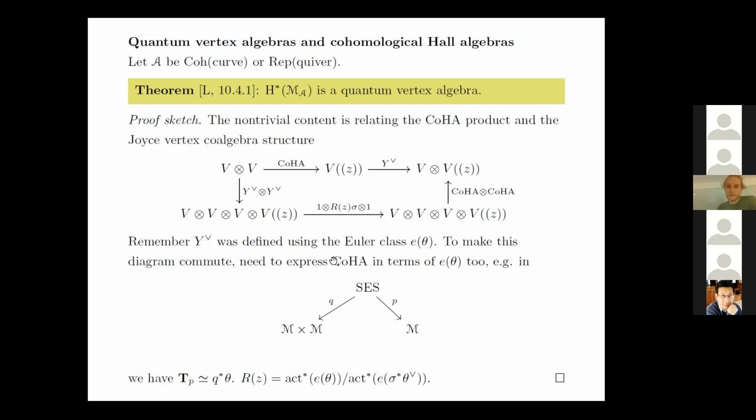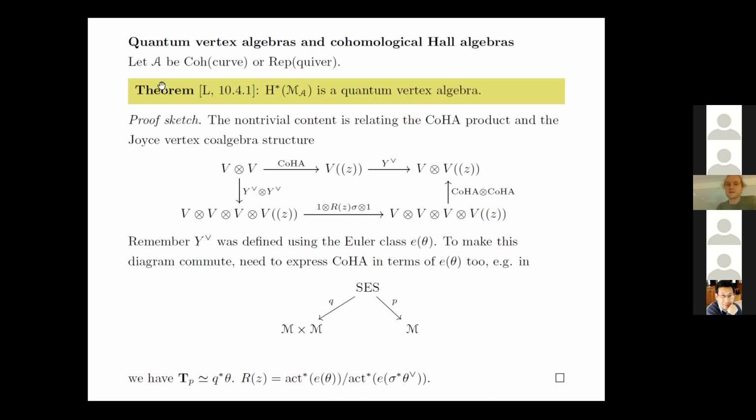So with all of this set up, you set this R matrix equal to this, where this is the correction factor in the vertex coalgebra structure, and this is the correction factor for the symmetrized theta. So this thing is 1 if theta is symmetric.